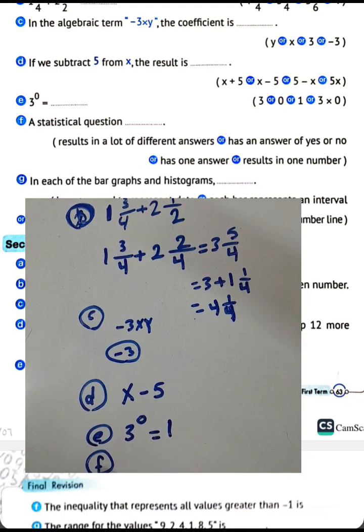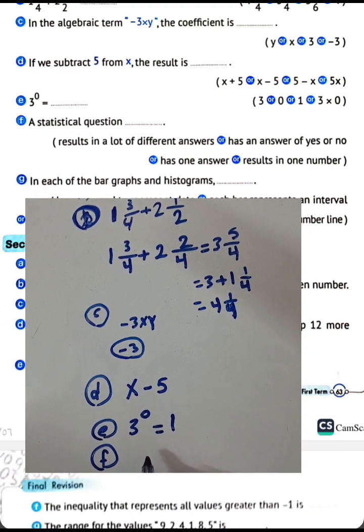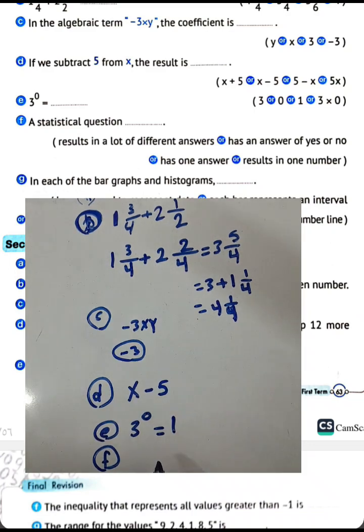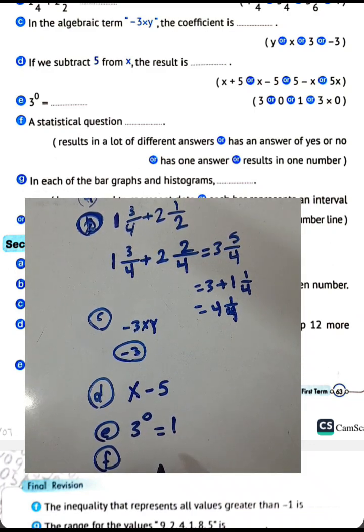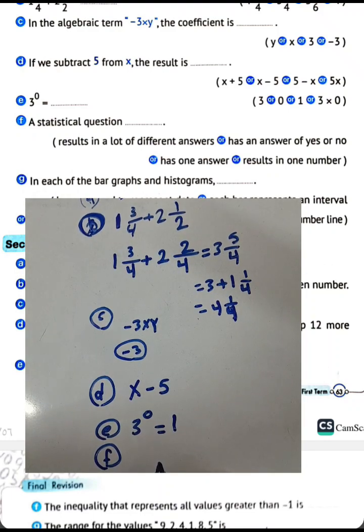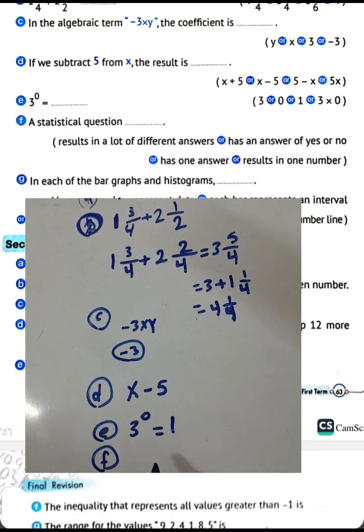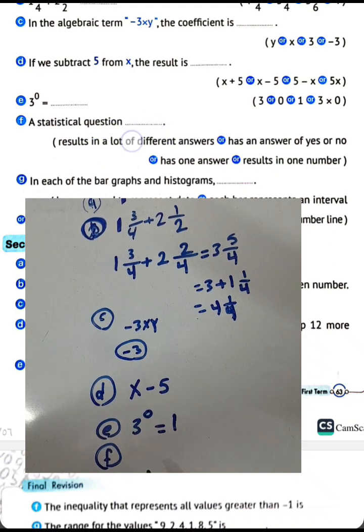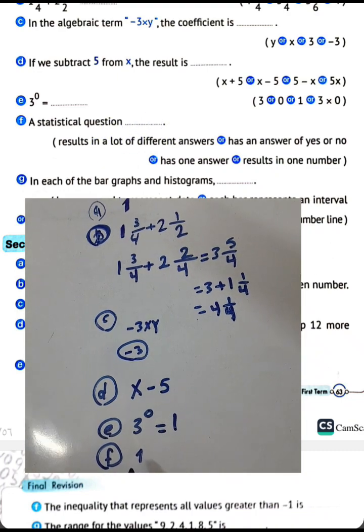Question letter F. A statistical question here, what will it be? A statistical question has a lot of answers. We have a lot of answers here. It results in a lot of different answers. Okay, choosing number 1 here.